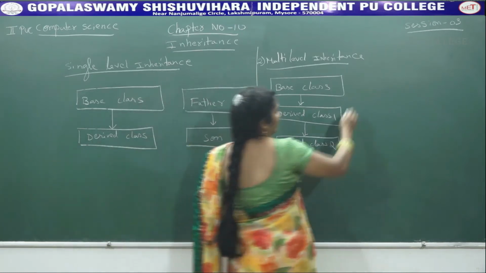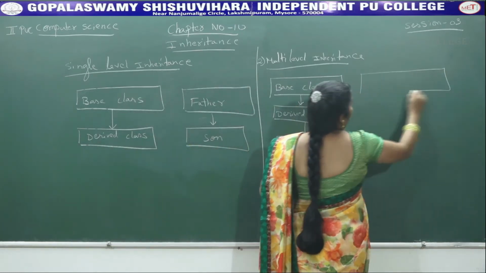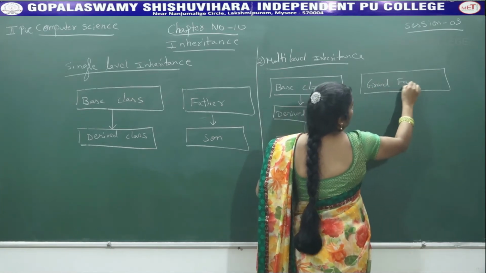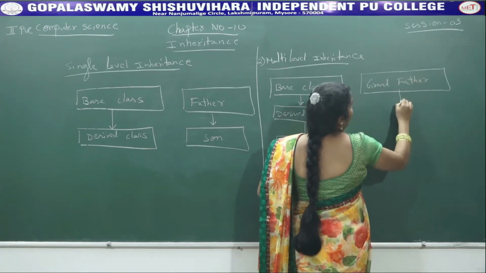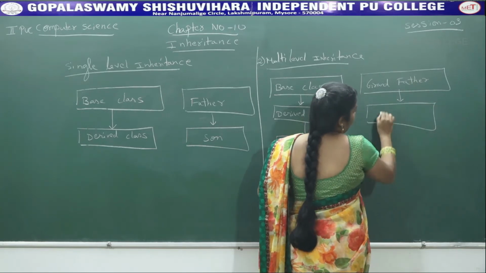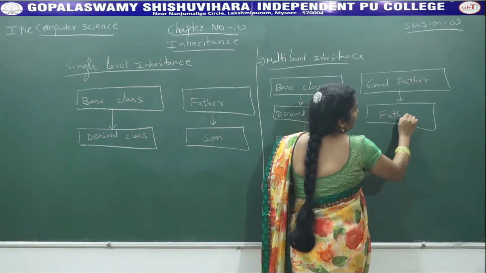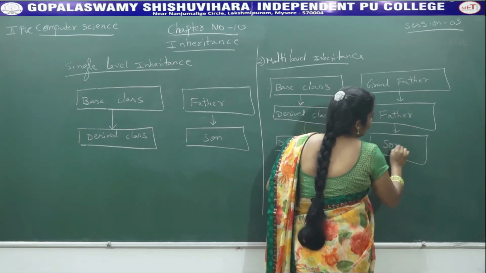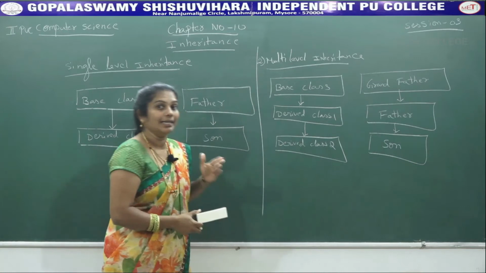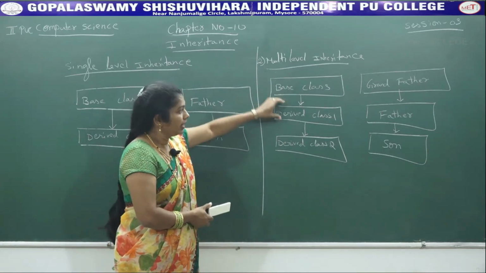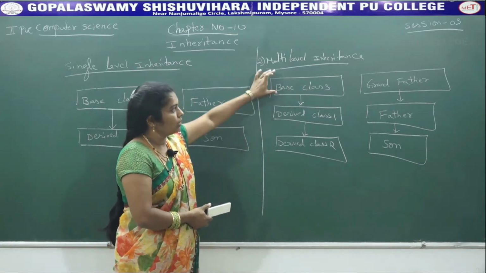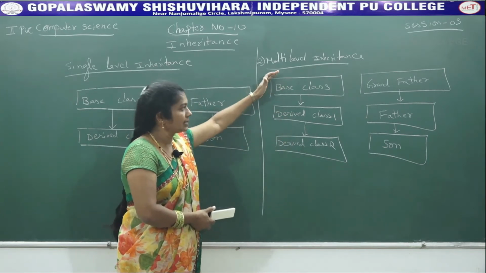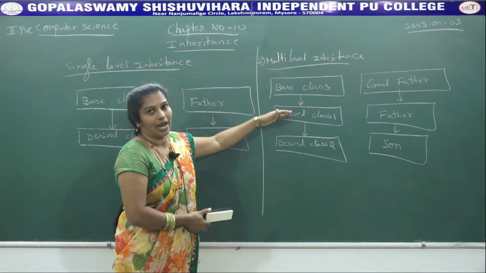This I am going to explain with an example. For example, we have grandfather. Grandfather's properties are transferred to father. From father, the properties are transferred to son. That is multi-level inheritance. One derived class is derived from a base class, and one more derived class is derived from that derived class.